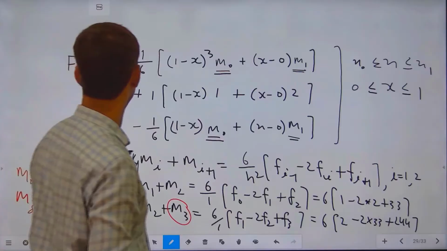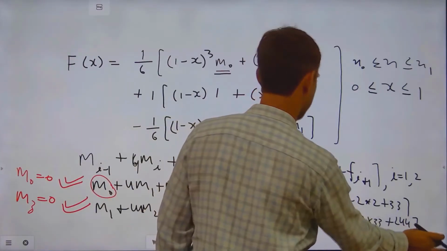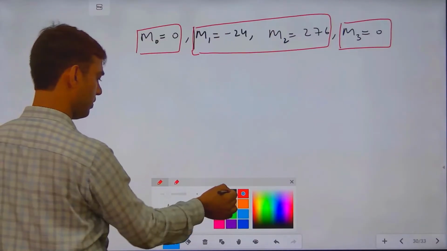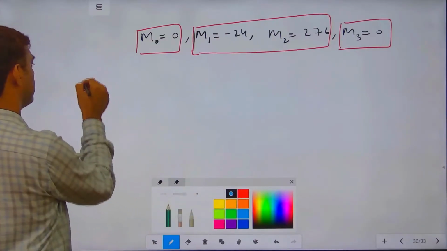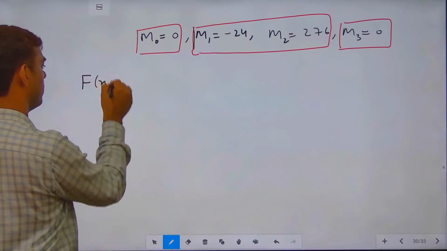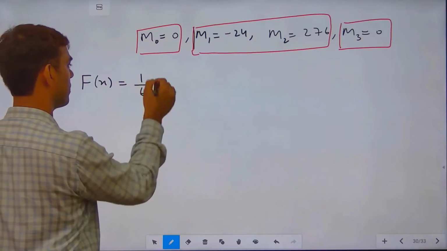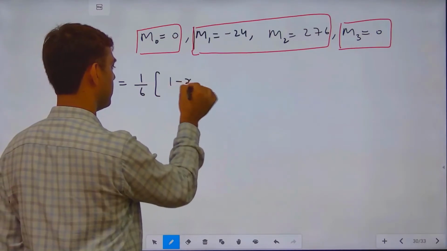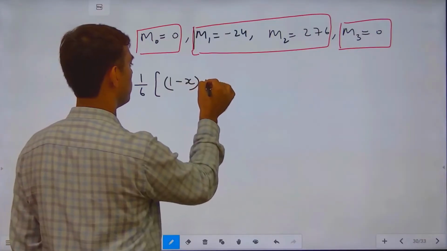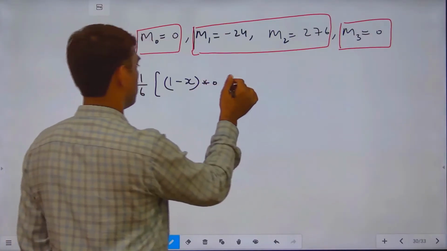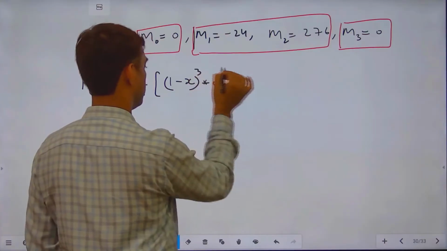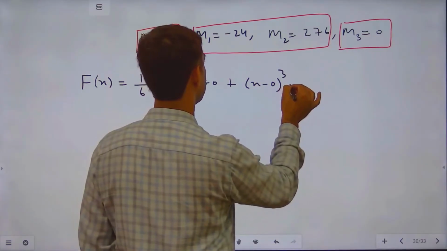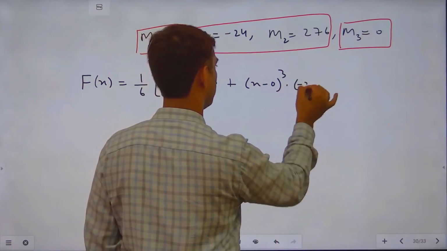Then we find f(x) equal to 1 by 6, inside here we write (1 minus x) whole cube with m0 equal to 0, plus (x minus 0) whole cube, and m1 is minus 24.